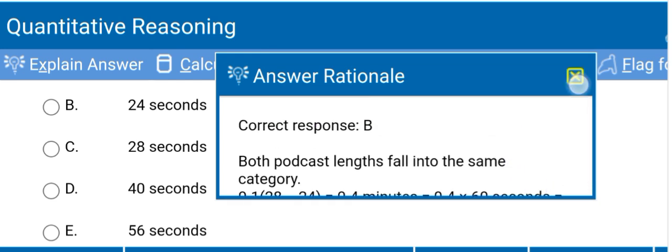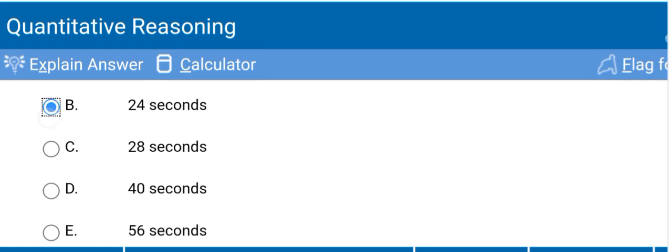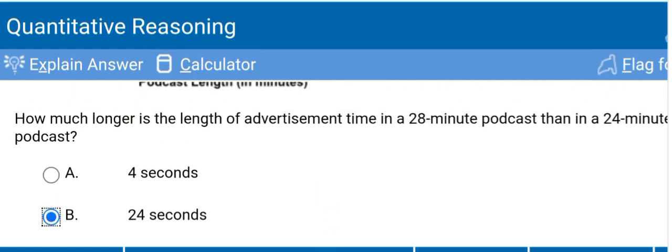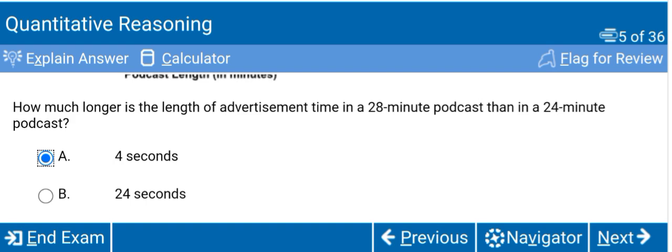So the correct option is option B, 24 seconds longer is the length of advertisement time in a 28-minute podcast than in a 24-minute podcast.